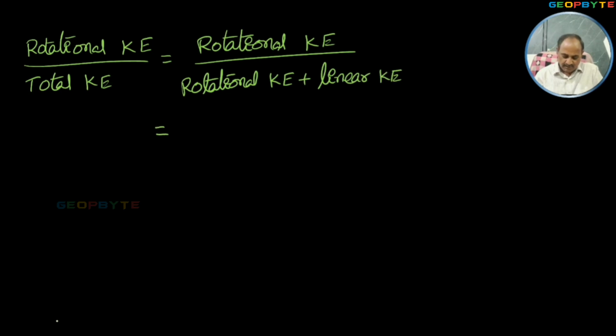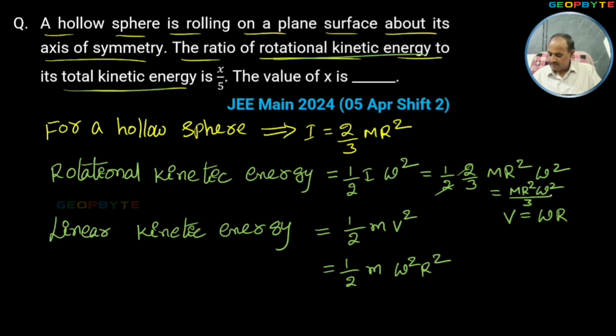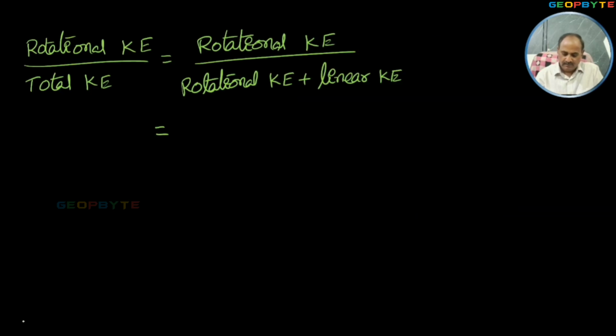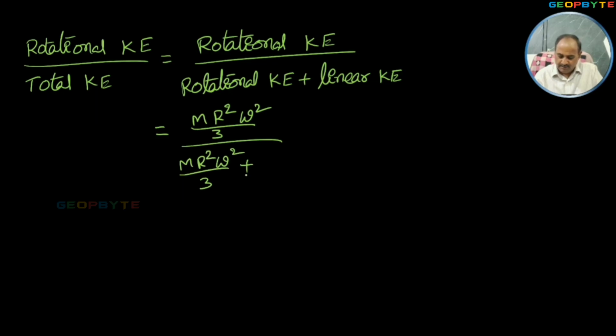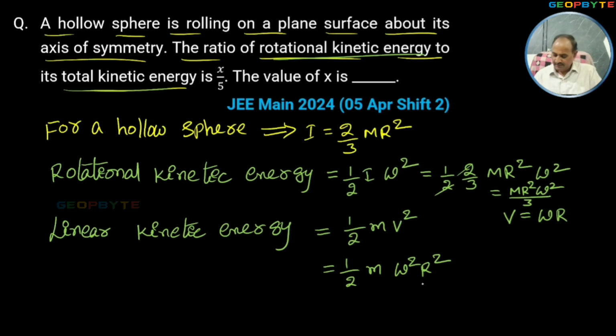What is the rotational kinetic energy? m r square omega square by 3, divided by m r square omega square by 3 plus the linear kinetic energy, m r square omega square by 2.